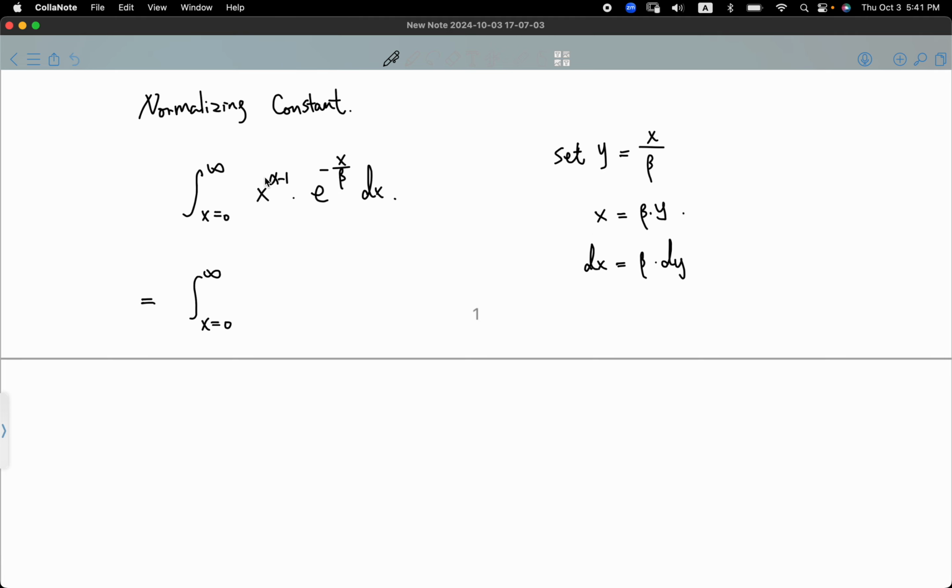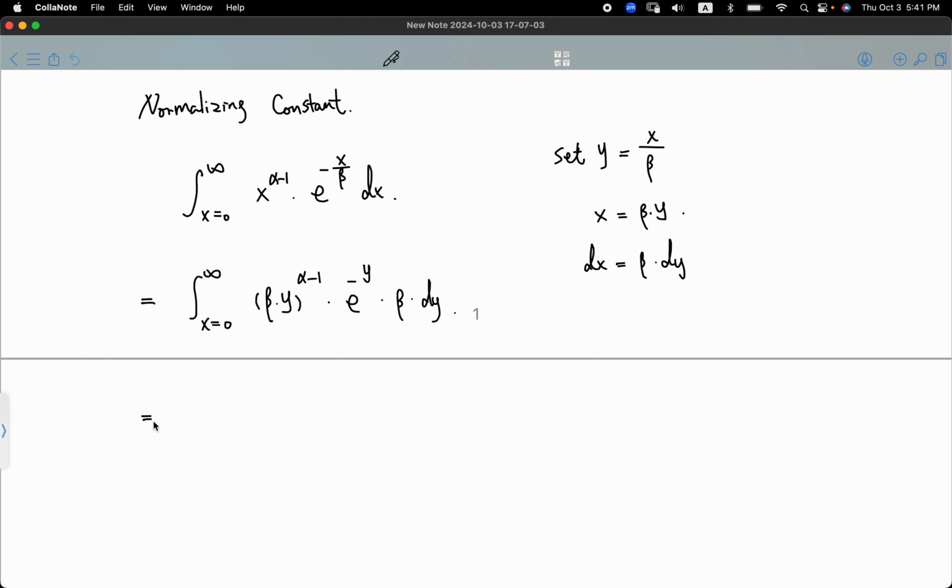And then let's replace the x here with the beta y that comes from our construction. So we have beta multiplied by y raised to the power of alpha minus 1. And then for the second part, we have the exponential of negative y. And then for the dx, we need to replace it by beta multiplied by dy. So now we essentially change the integral with respect to x to with respect to y.